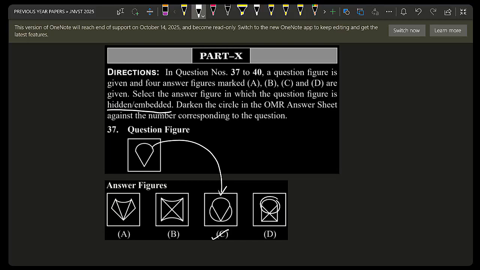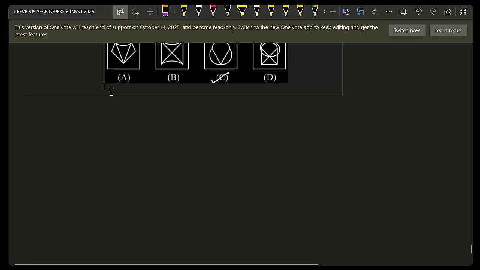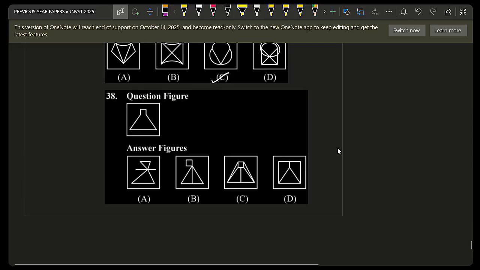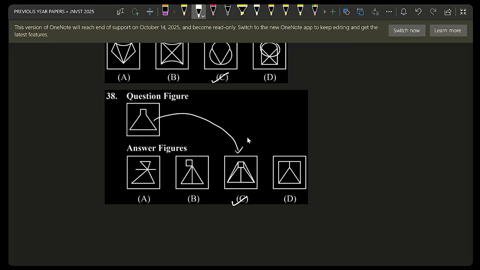Next, 38. 38th one. So looking at all the options, it's there in option C. So the similar figure you can find in option C. 39.